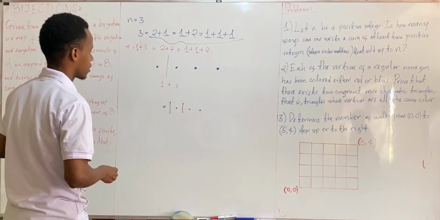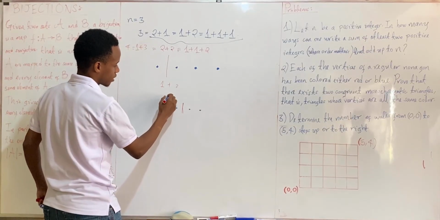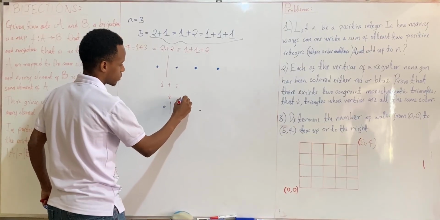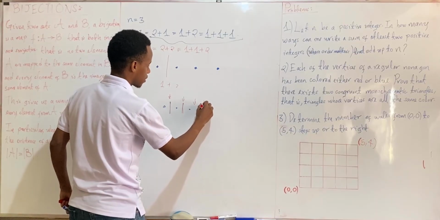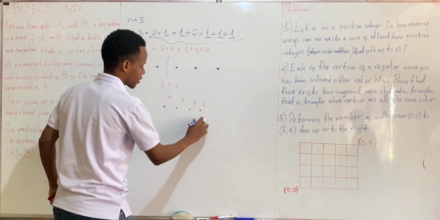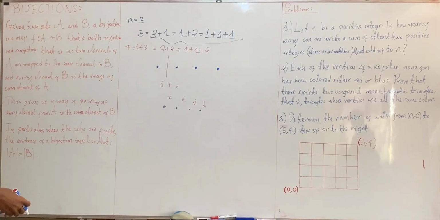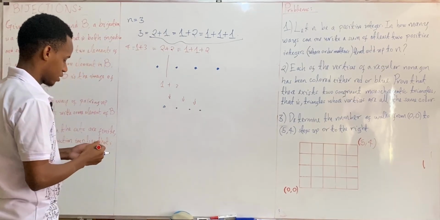So when n equals 4, we have several options. We can put a splitting part here, or at this point, or at this point.